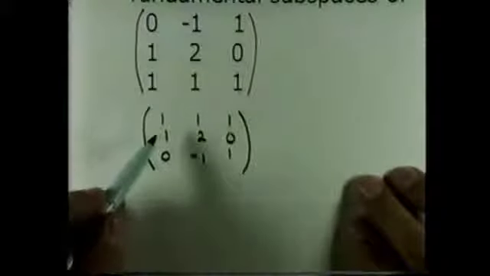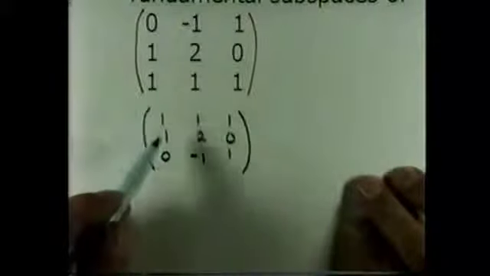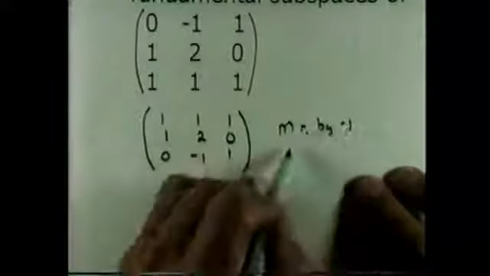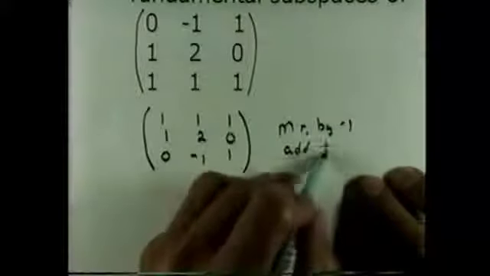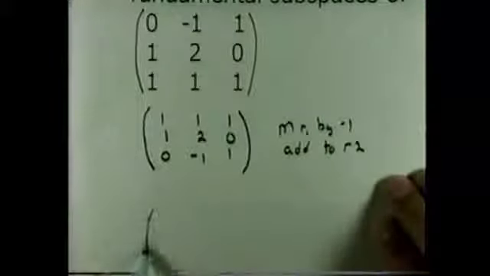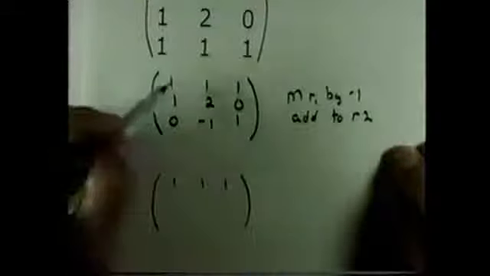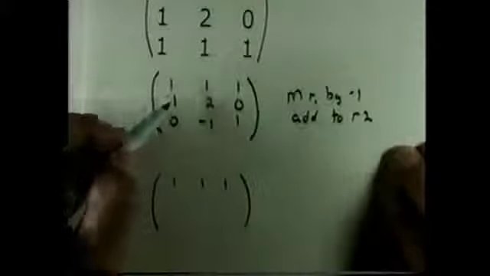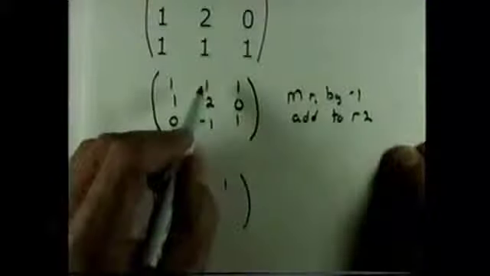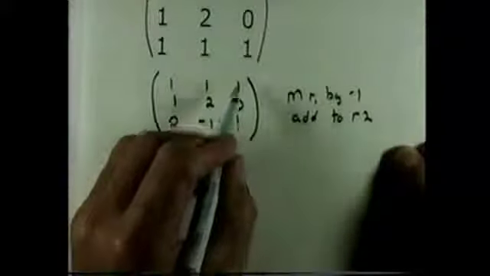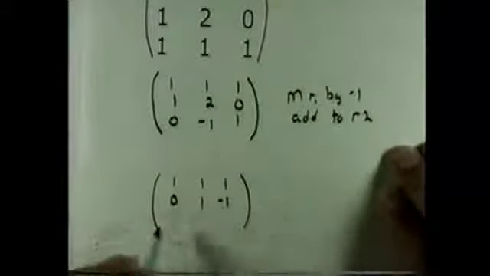Now, in order to get a 0 here, I'm going to multiply row 1 by negative 1 and add to row 2. So negative 1 times 1 is negative 1 plus 1 is 0. Negative 1 times 1 is negative 1 plus 2 is 1. Negative 1 times negative 1 is 1 plus 0 is 1.